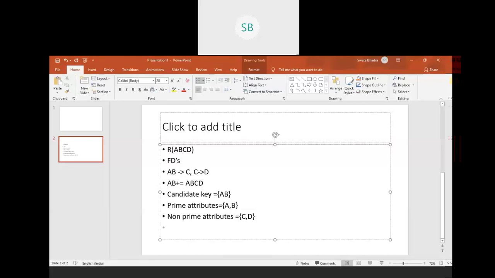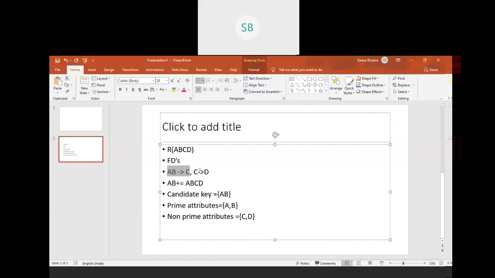Now you have to check the functional dependency, checking for transitivity, whether any transitivity exists or not. Always remember that this case is absolutely valid, because a candidate key can determine any non-prime attribute.